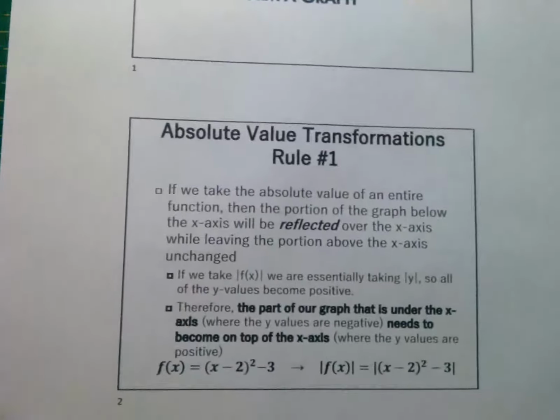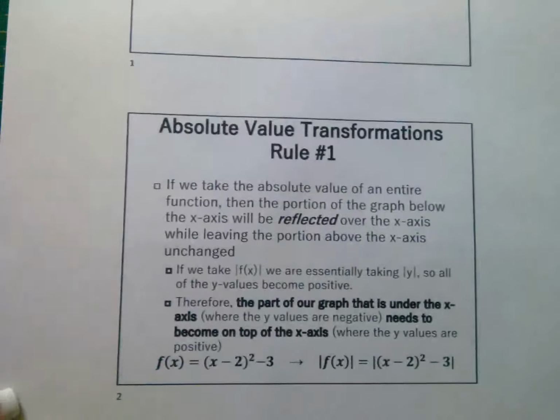So our first rule: if we take the absolute value of an entire function, meaning we put absolute value bars around the whole thing, the portion of the graph below the x-axis will be reflected, leaving the portion above unchanged.